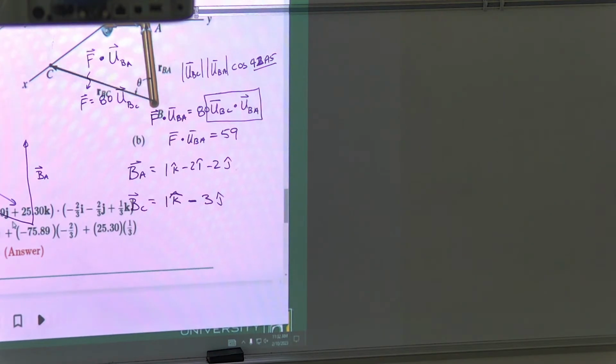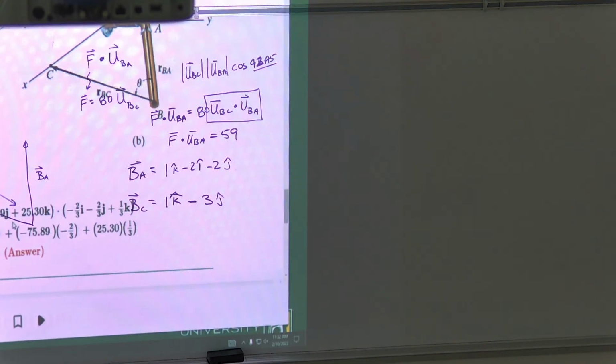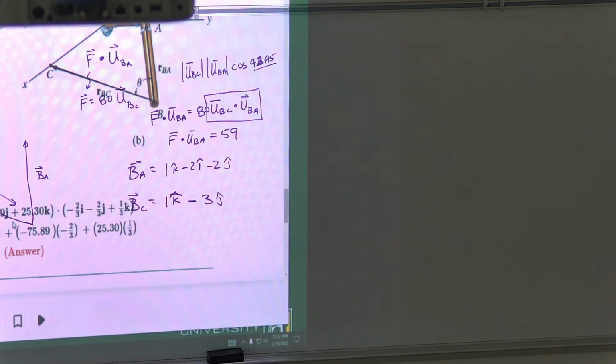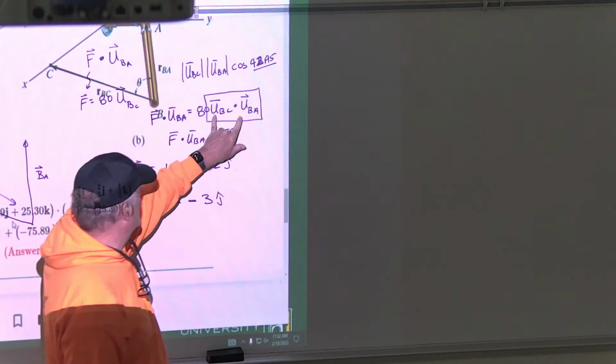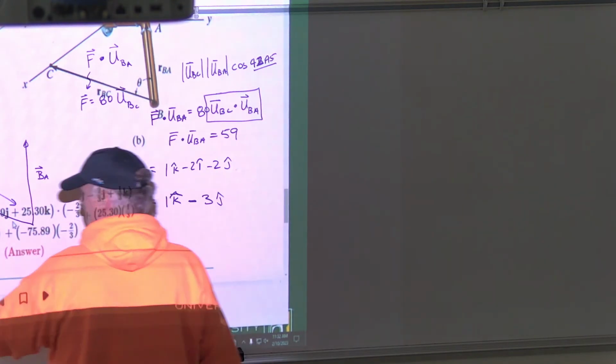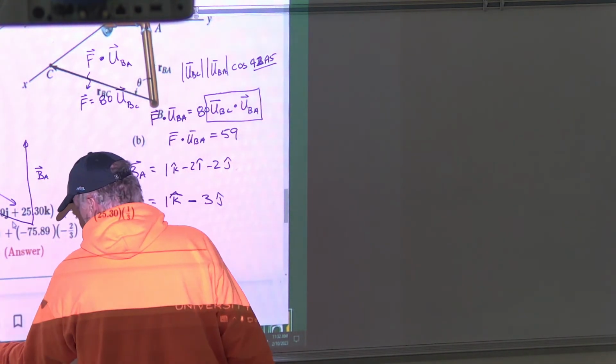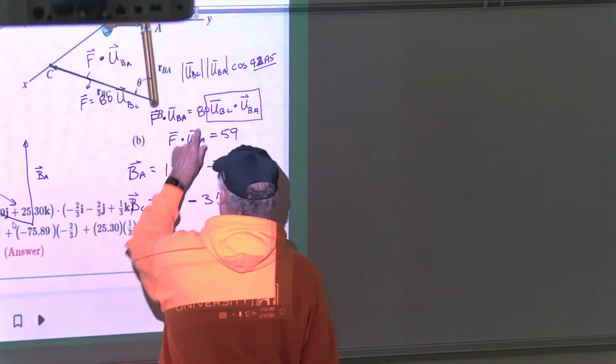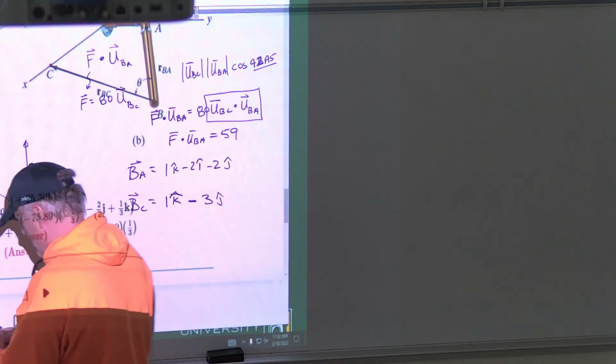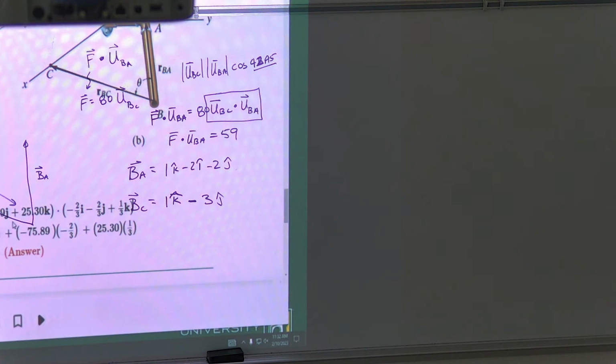Well, that is, by definition, the unit vector along BA, and that is the unit vector along BC. And those two are what ended up in here. So if I just take the cosine of the angle, which actually was that, and multiply that times 80, I get the 59, which is what he got. However, what he did was totally fine, and actually may have been better than what I was doing.